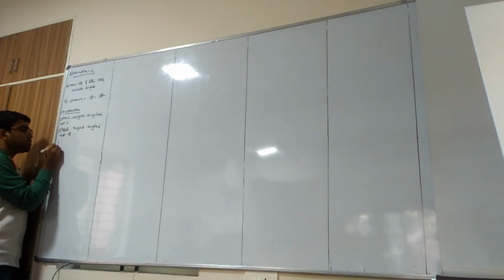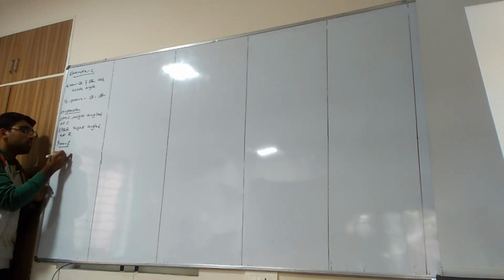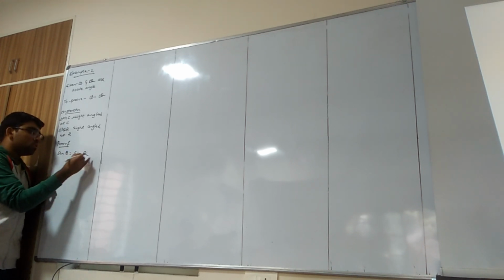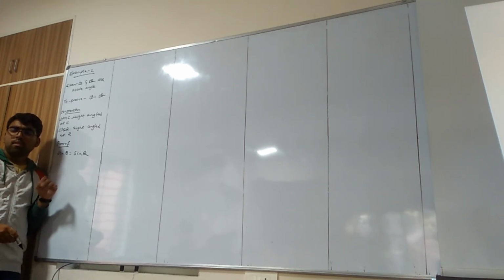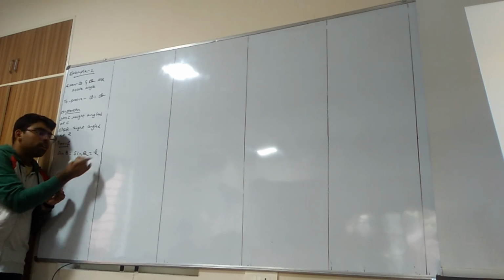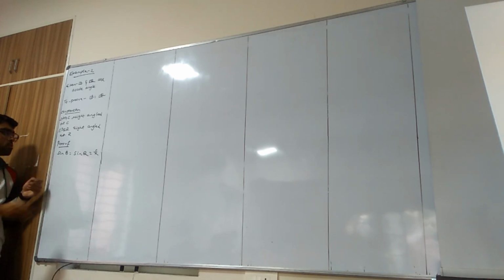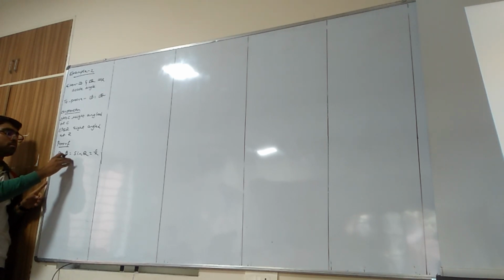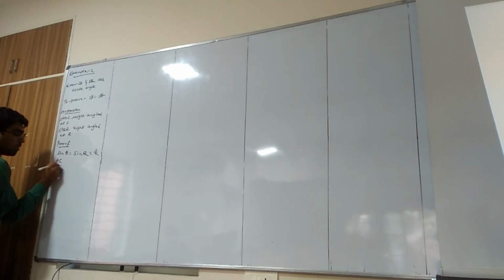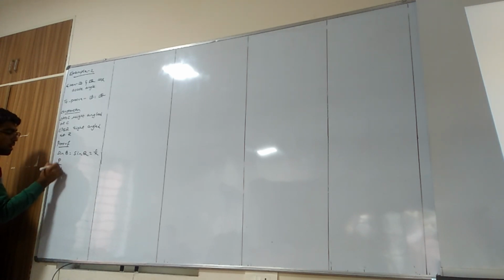Proof. Sine, what have we given? Sine B is equal to sine Q. If they are equal, the value will be the same. I take the value to be K. So sine B is perpendicular AC divided by AB, hypotenuse.